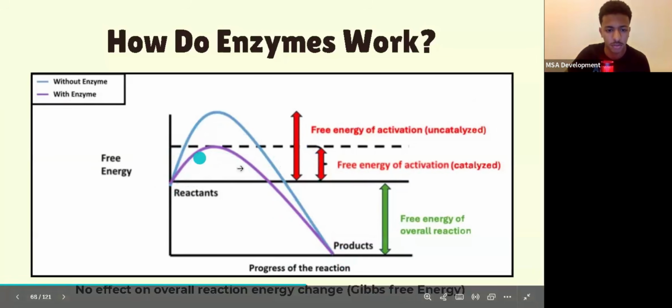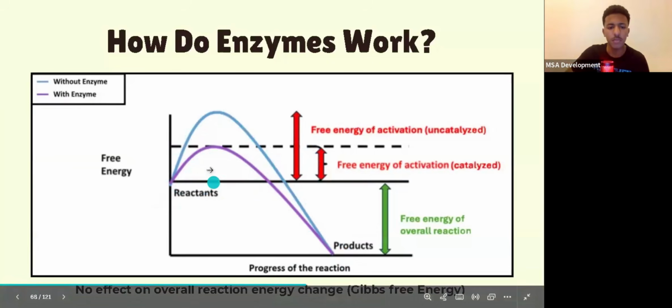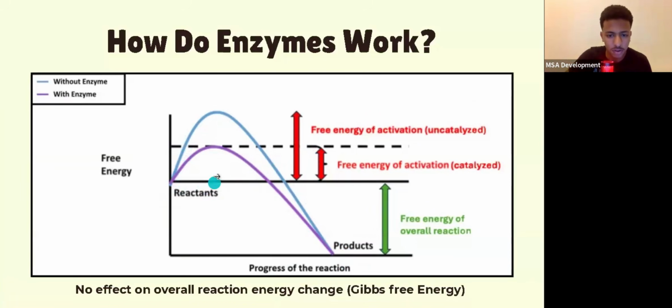If you're colorblind, this line is with the enzyme, I'm sorry, and this line is without the enzyme. And as we can see, the only difference the enzyme makes is it reduces this energy needed for the reactants to reach this line or this line. And this state, the peak state, is known as the transition state. Okay?